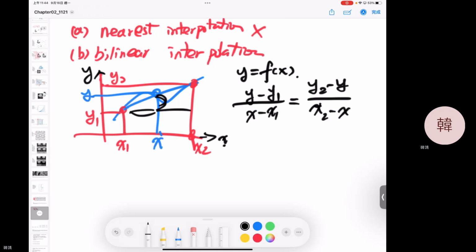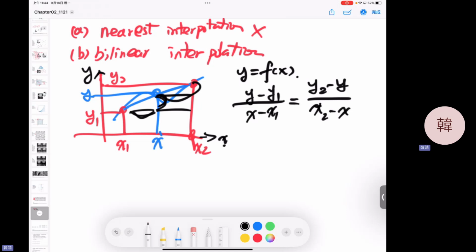Is that okay? Because it's linear, we say linear interpolation. This one compared to this one equals this one compared to this one. Can you agree? It's linear, right? So y minus y1 divided by x minus x1 equals y2 minus y divided by x2 minus x. So easy, linear.